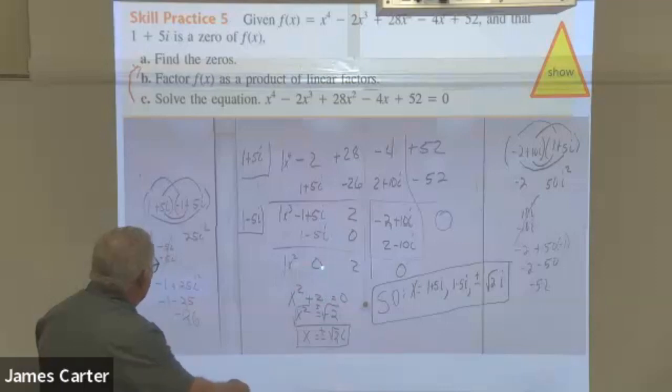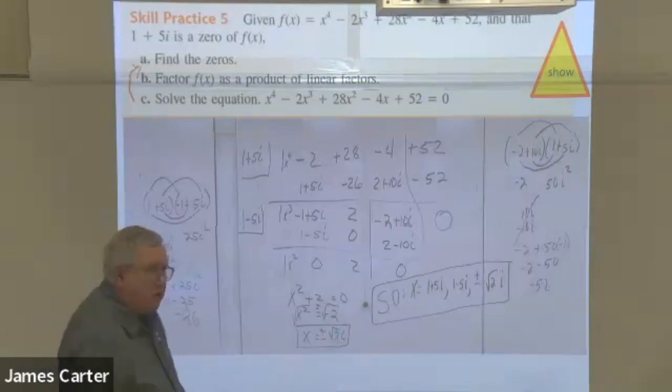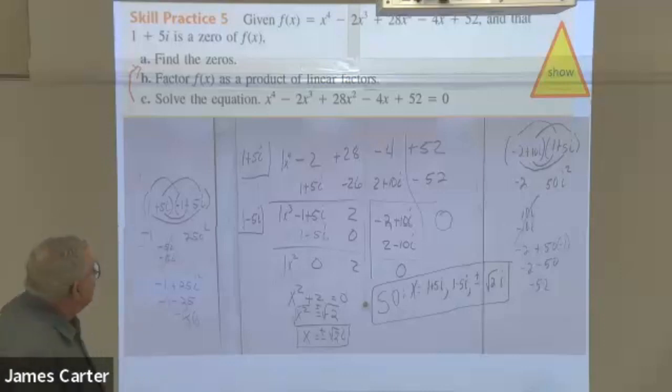That's what this means. So we use the property of square roots, and we find that this is plus or minus square root of 2i. So we have now found the 3 roots on this problem. They are 1 minus 5i and plus or minus 2 radical i.